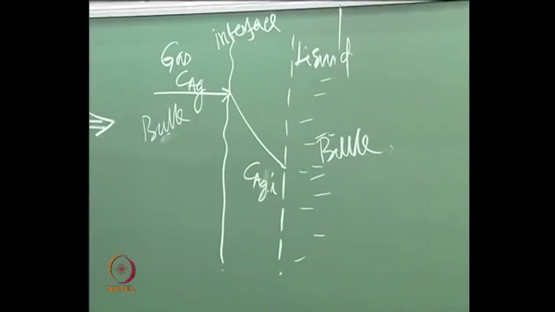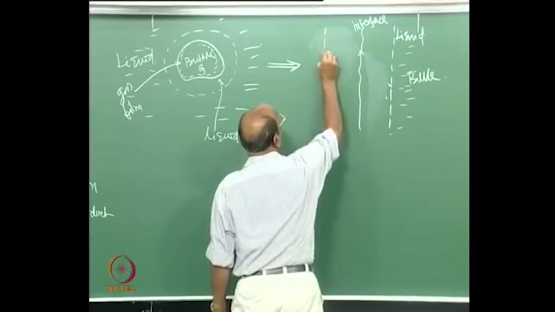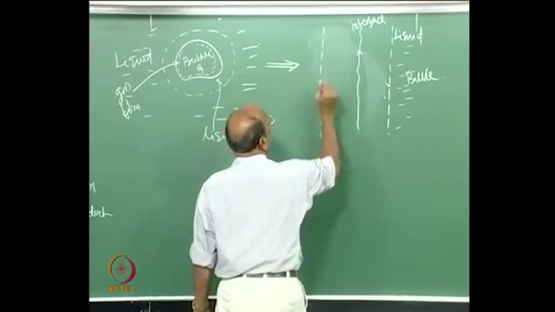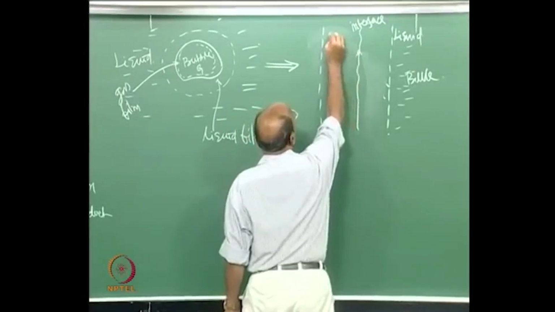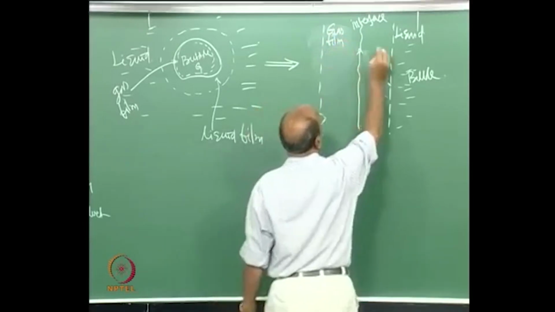Okay. Good. So, now it touched the interface, that is the gas liquid interface, sorry, the gas film I have not drawn. Yeah, this is the gas film, this is the liquid film.